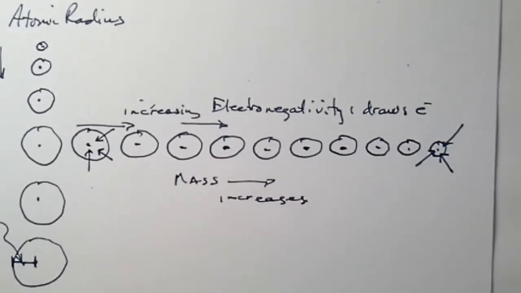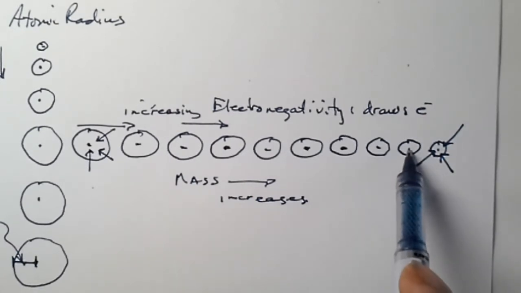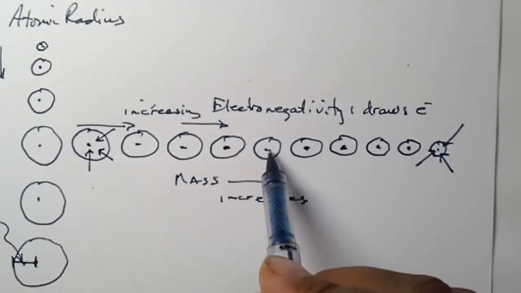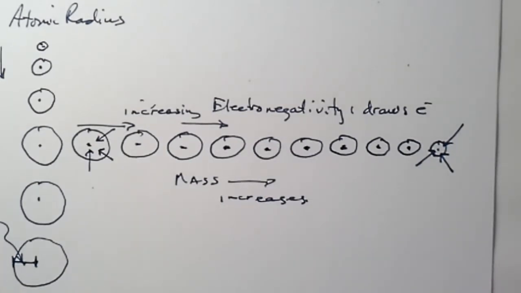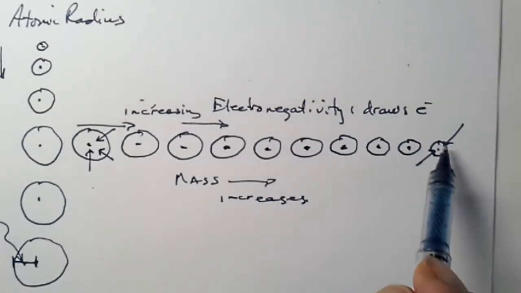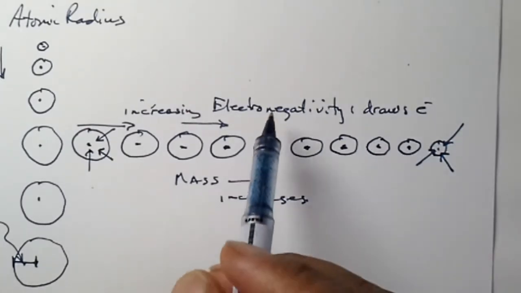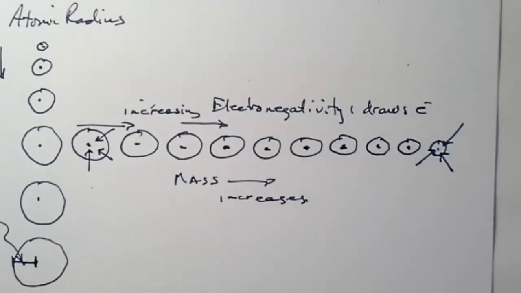As the mass increases, so does the positive charge of the nucleus. The nucleus charge is positive and its mass is larger, and the electrons are negatively charged and their mass is smaller, so they tend to be drawn in towards the nucleus. So the electronegativity increases as we go from left to right.